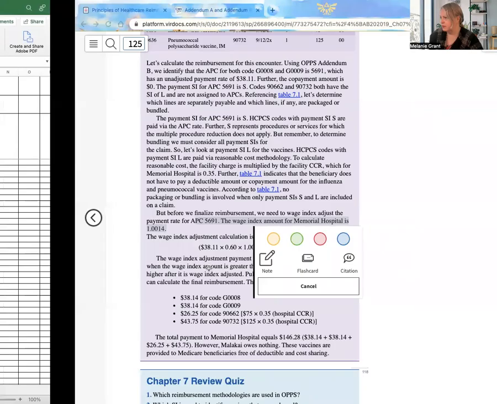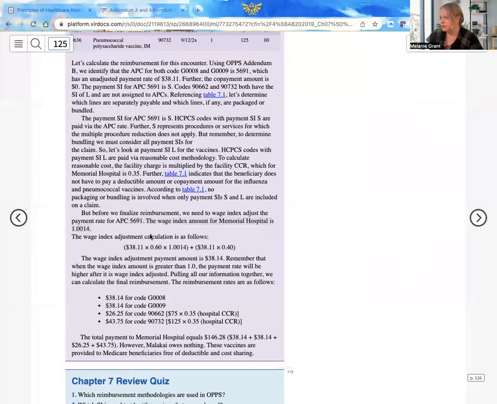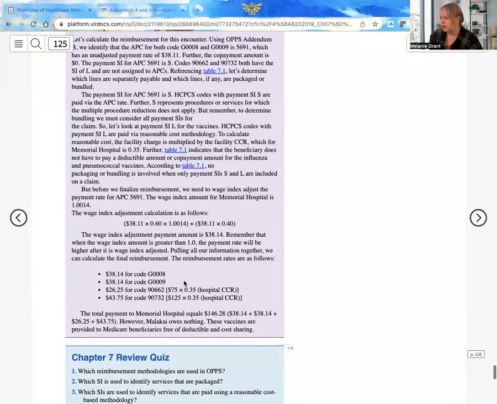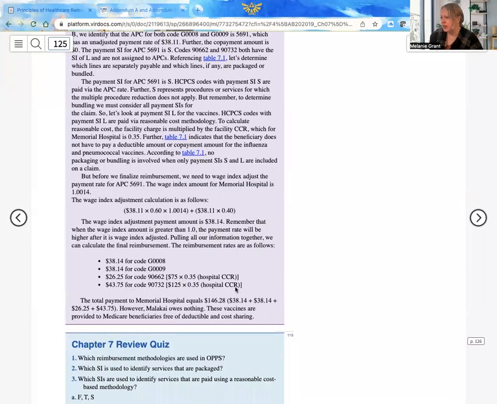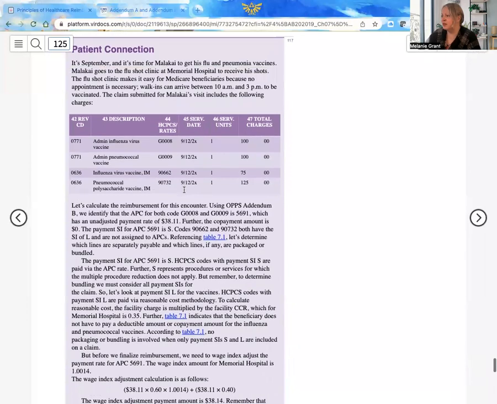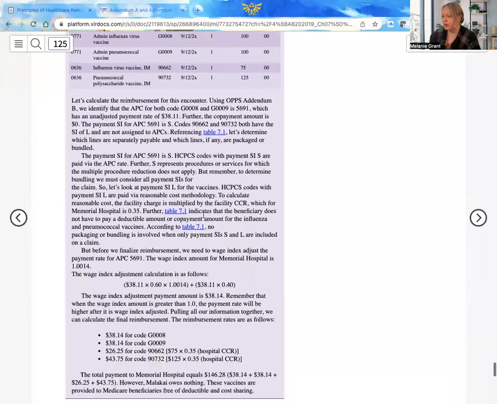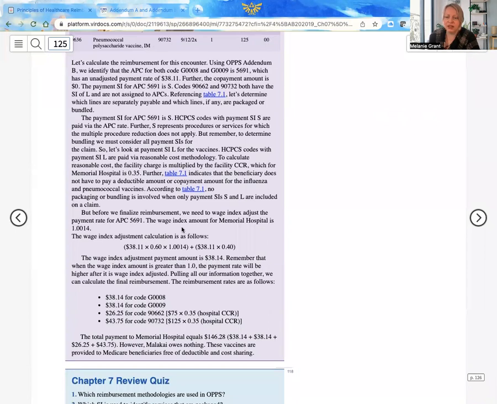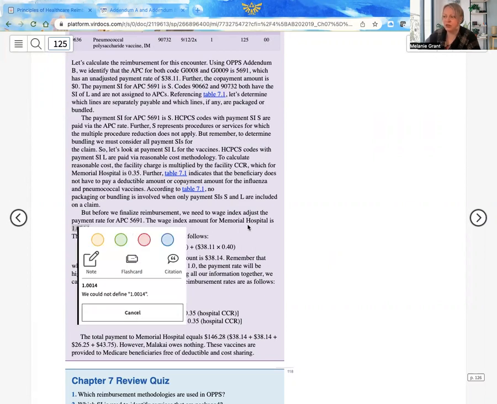Once we put all of this together, this particular example had a provider hospital that you weren't able to look up, so it was something that we had to pull up based off of the example itself. You would have this information available based off of wherever your hospital is. So we're just going to go off of the information that they gave us, that Memorial Hospital's wage index is 1.0014.